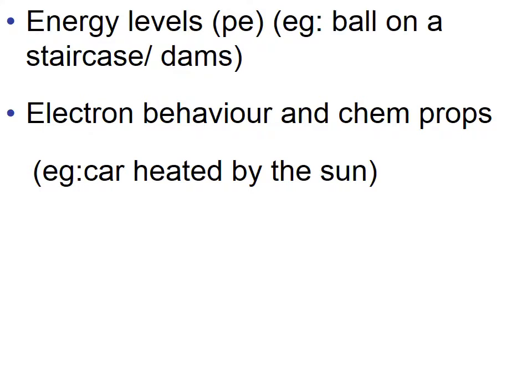Now, the next step that you have to understand is the behavior of electrons and so the chemical properties. For that, the first thing I can tell you is there are certain rules for how electrons exist around the nucleus of an atom.